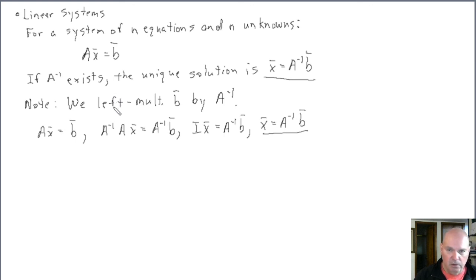Having said that, though, the concept of an inverse of a matrix is very important in linear algebra. Indeed, we'll use the concept of a matrix inverse to solve a lot of matrix algebra problems. And we'll see that in the homework for today, as well as in the future as we look at additional topics in linear algebra.